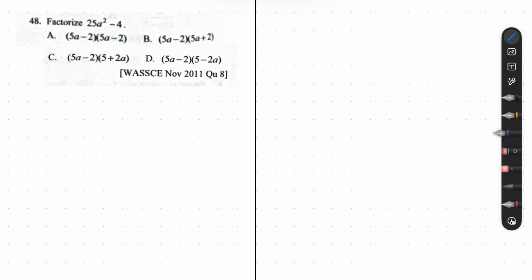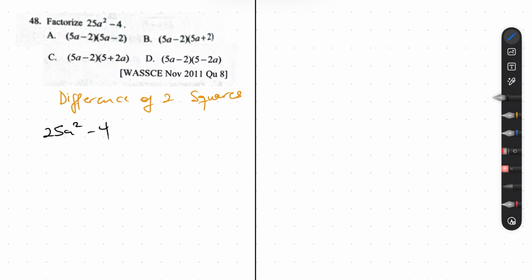Question number 48 says we should factorize this. Now, this is looking like something. It's looking like a difference of 2 squares. How do we know that? Let's break it down. We have 25a squared minus 4.